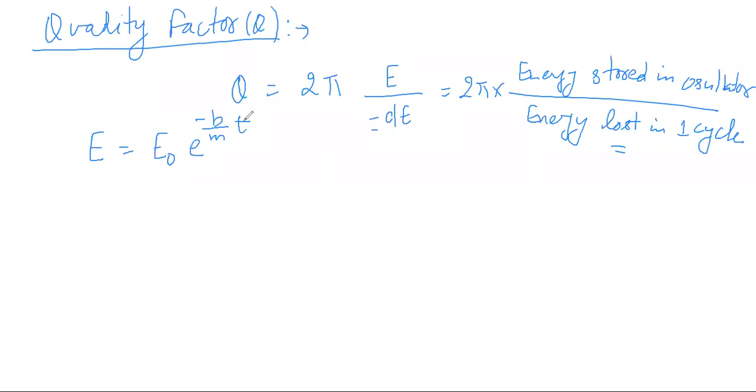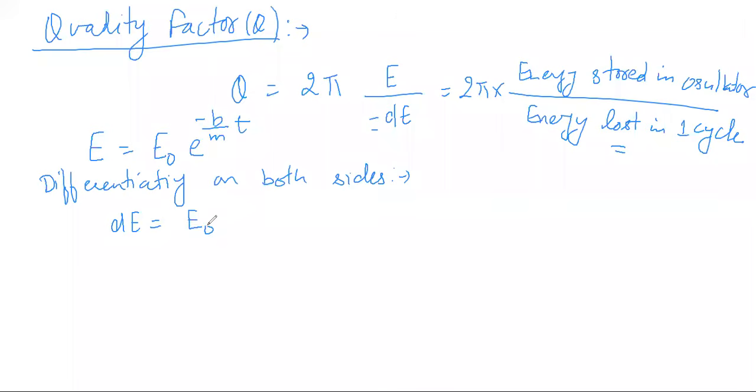Now, talking about the energy loss, if I differentiate on both sides, dE, where E naught is the constant that corresponds to your energy in the circuit if there were no dissipative forces present. If you take the differentiation here, minus b upon m is also a constant. Your t is the only variable here. So you'll have e raised to the power minus b upon m t and then dt.